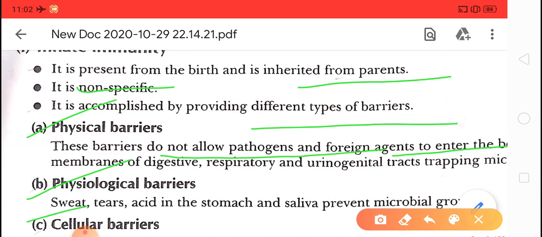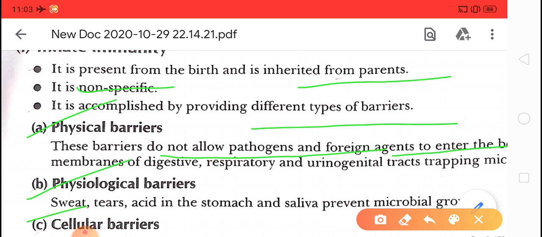Tears also kill the bacteria. Acid in the stomach also kills the bacteria, and saliva can prevent microbial growth in the mouth. So the physiological barriers also provide immunity to us.